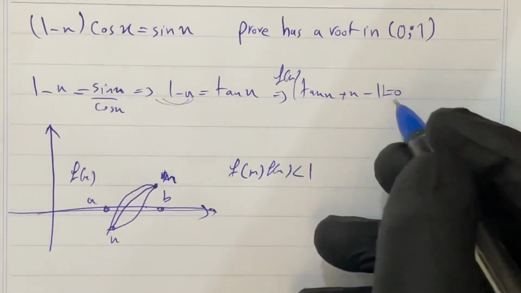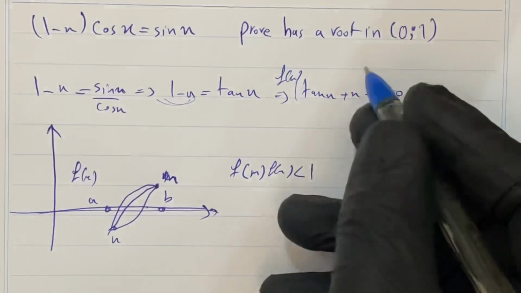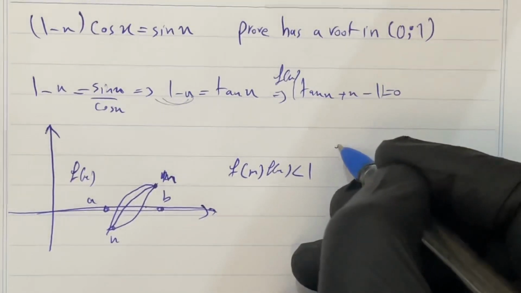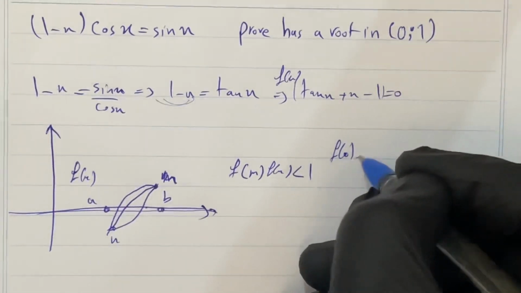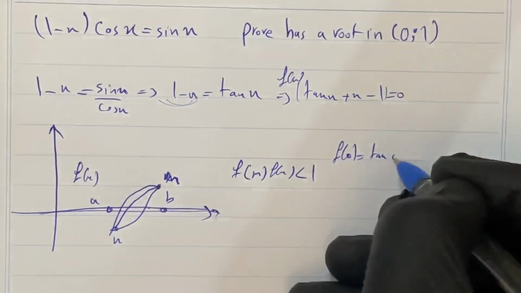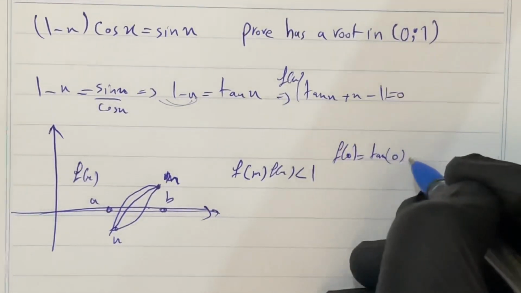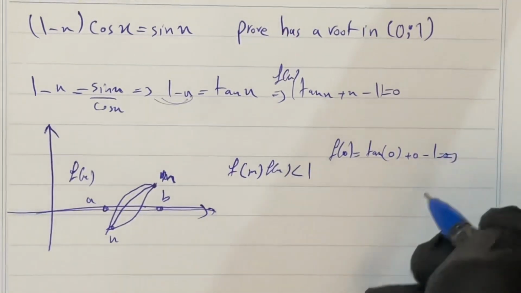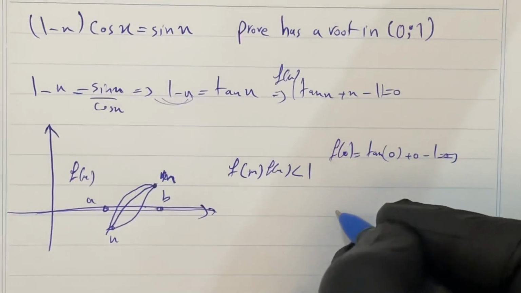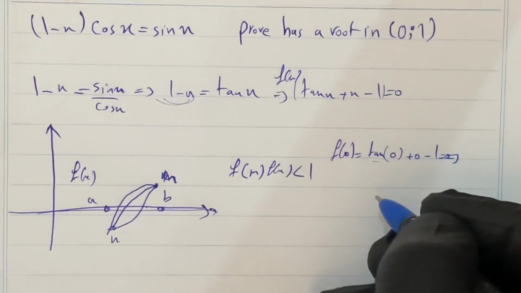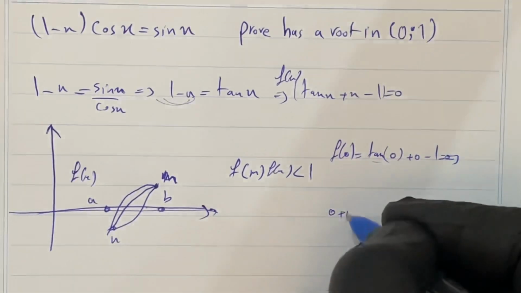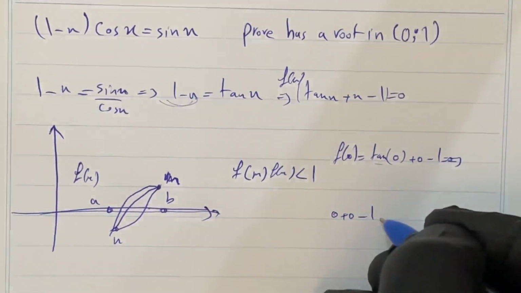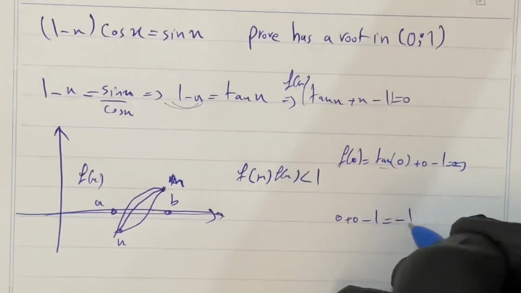So let's first put in 0. If we put in 0, f of 0 would be tangent of 0 plus 0 minus 1. The tangent of 0 is 0. So we have 0 plus 0 minus 1 equals negative 1.